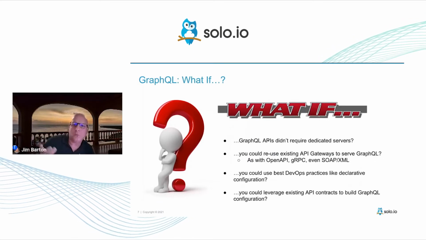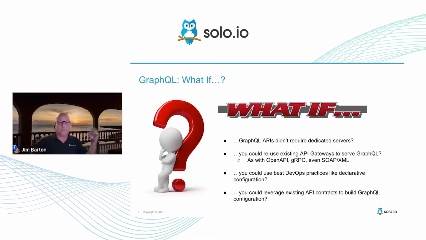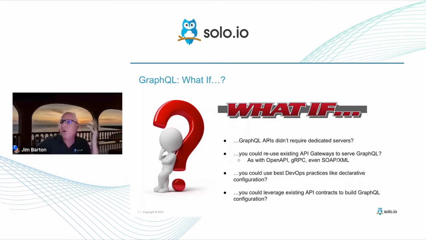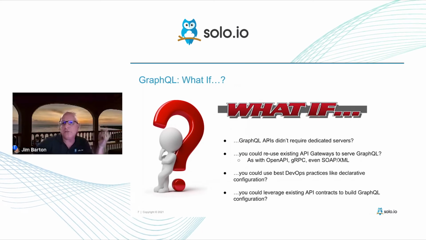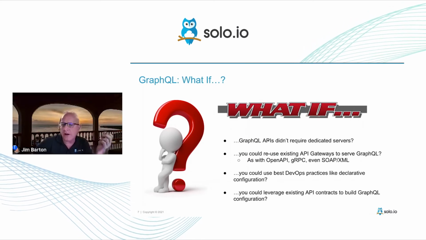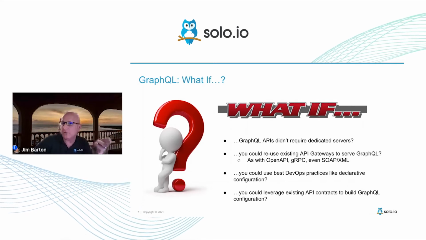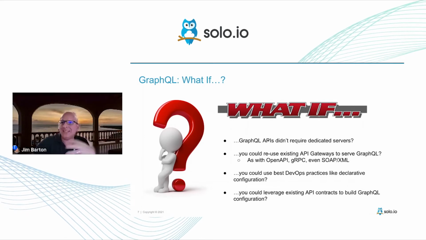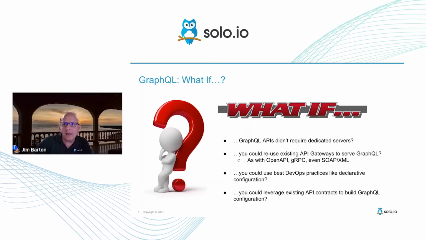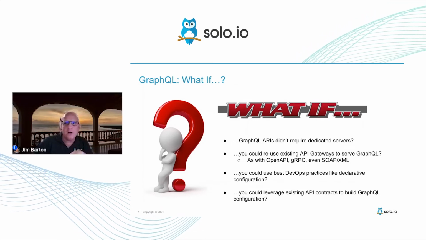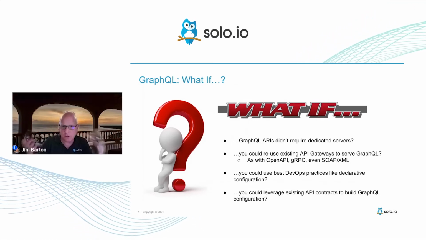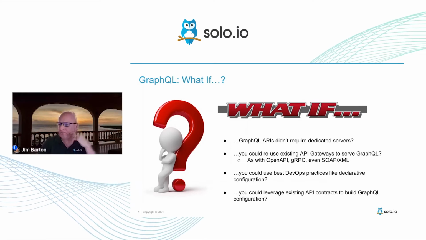But what if? Let's just consider a couple of questions here. What if you could specify and operate GraphQL APIs in a way that didn't require dedicated servers? What if you could reuse existing API gateways to serve GraphQL, just like you do other APIs like OpenAPI and gRPC and so forth?